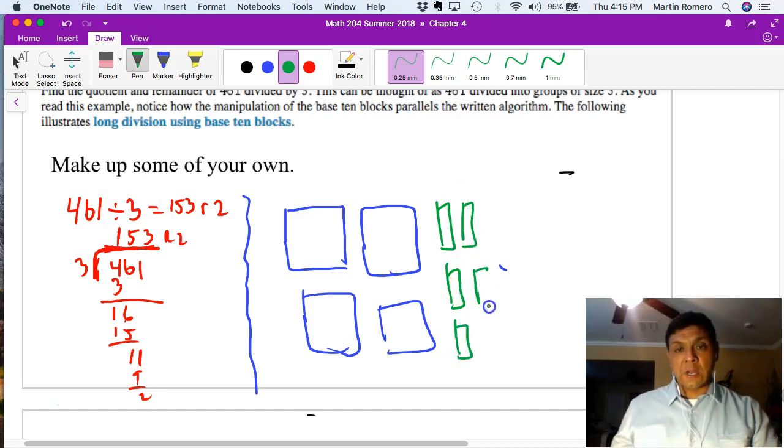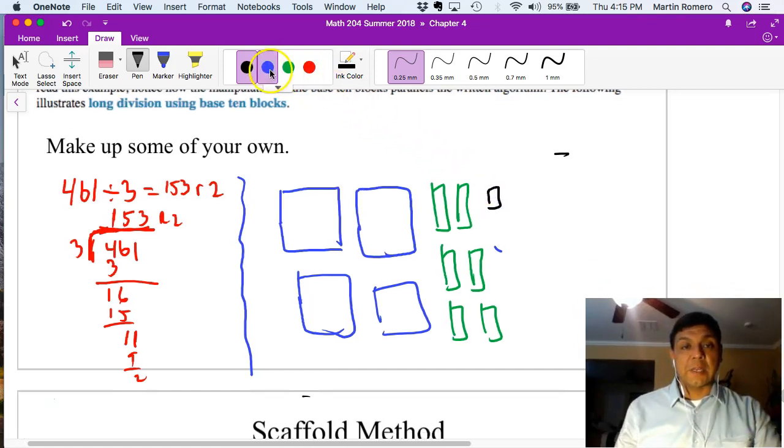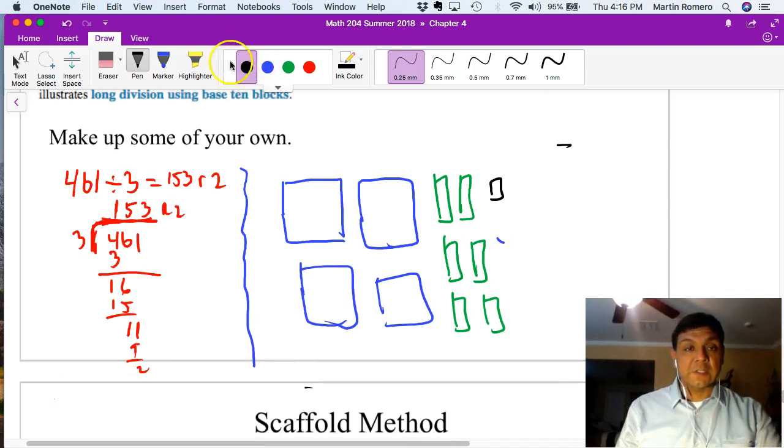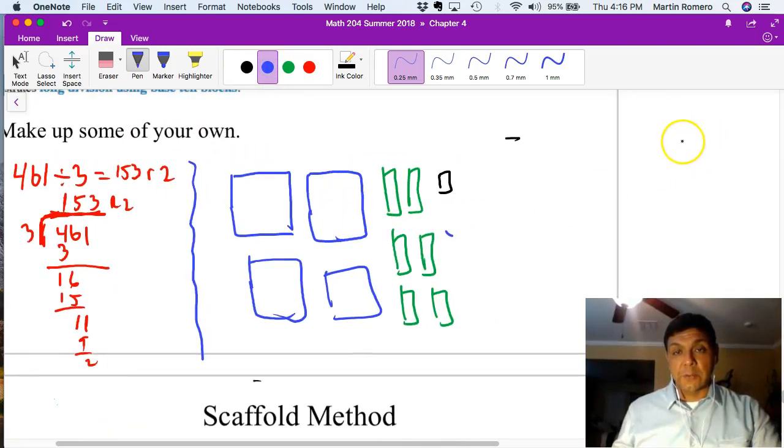What we're trying to do, if we think of a sharing division, is break this into 3 groups. The standard algorithm for division is really asking you to break this up into 3 groups.